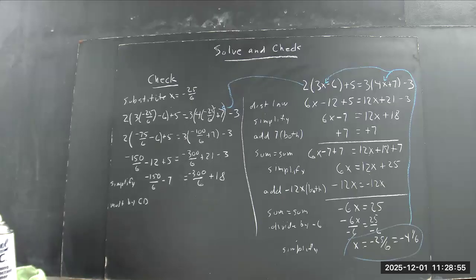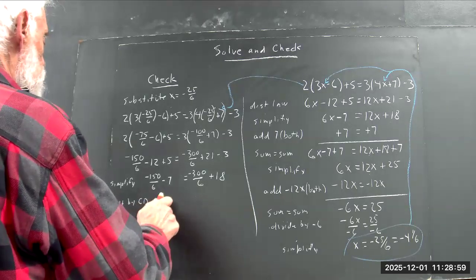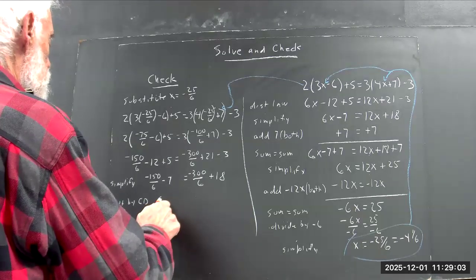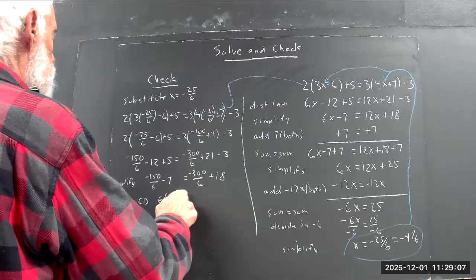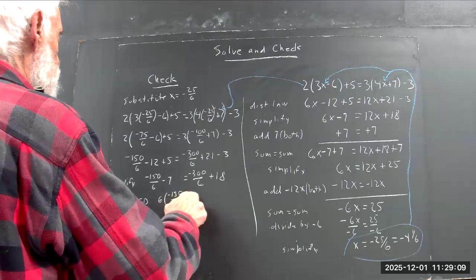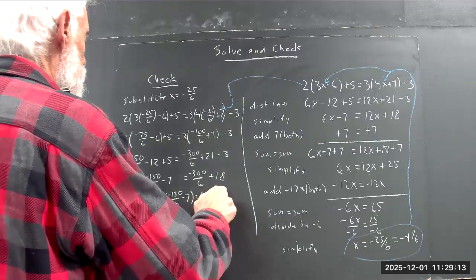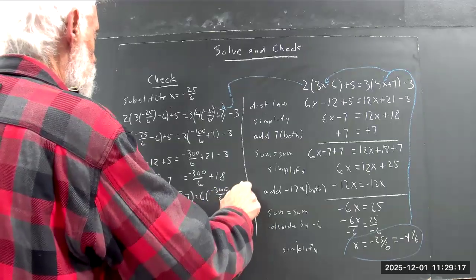So multiply by CD, which means a common denominator. So we're going to have 6 times negative 150 over 6 minus 7 equals 6 times negative 300 over 6 plus 18.